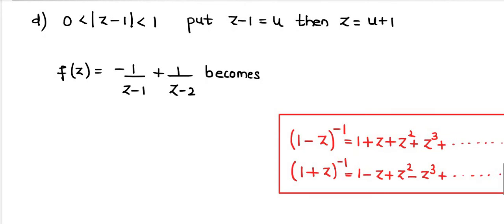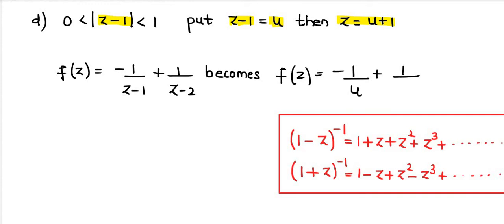So, here what we have to do is we have to change the inequality. Put z minus 1 as u. Now what is z from this? U plus 1. And I have written our function f of z as minus 1 by z minus 1 plus 1 by z minus 2. So when you are making this conversion, our function f of z now becomes minus 1 by z minus 1, which is nothing but u, plus 1 by z minus 2.